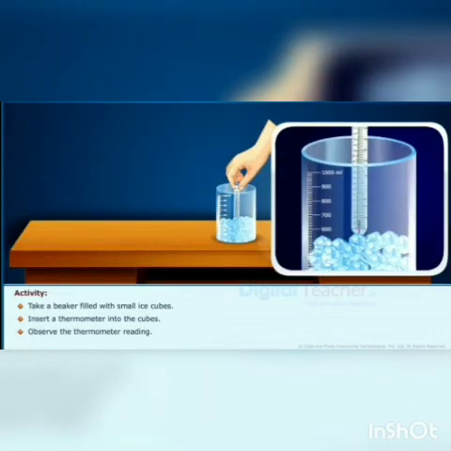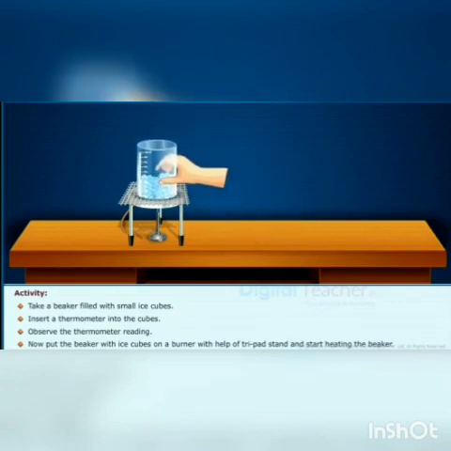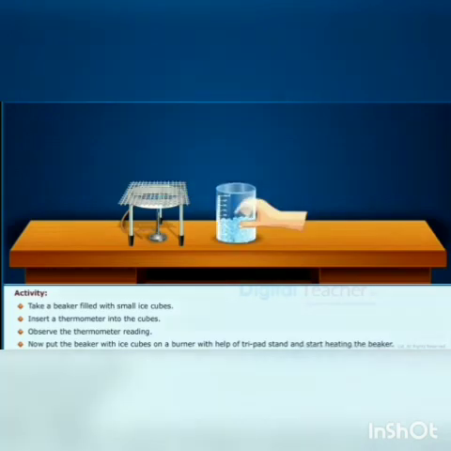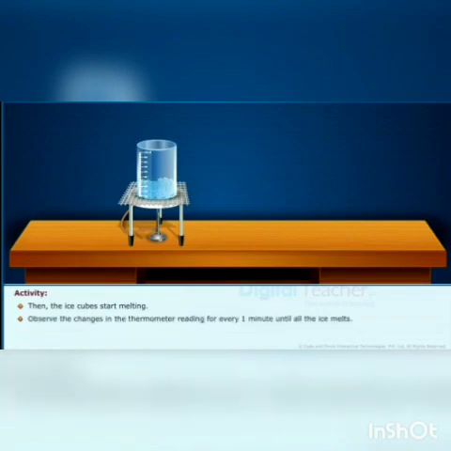Insert a thermometer into the cubes. Observe the thermometer reading. Now put the beaker with the ice cubes on a burner with the help of a tripod stand and start heating the beaker.